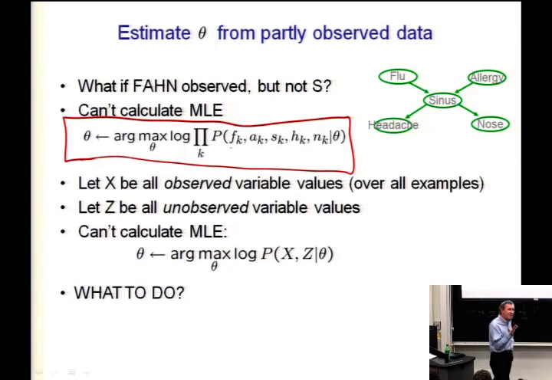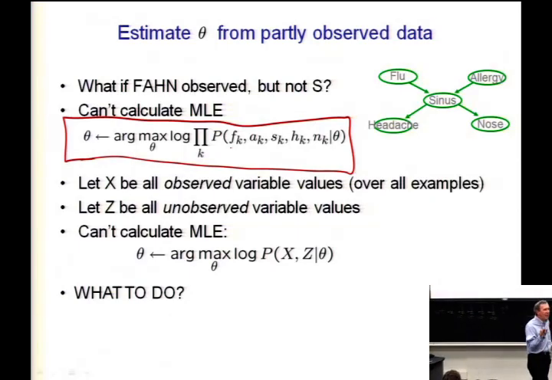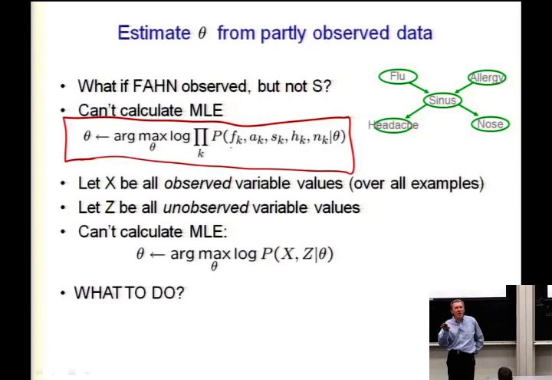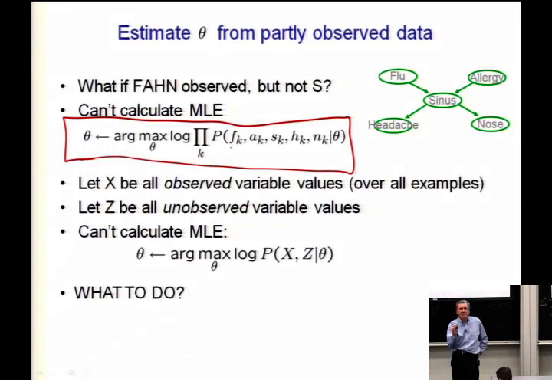In fact, just to simplify our notation and our thinking, let's consider a slightly special case, but everything we're going to say generalizes back to the full case. Let's consider the special case where the variables that are observed are always observed, and the variables that are not are always not.